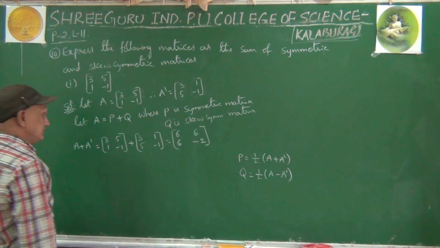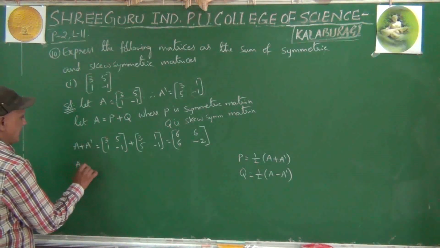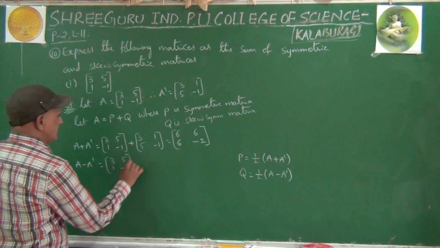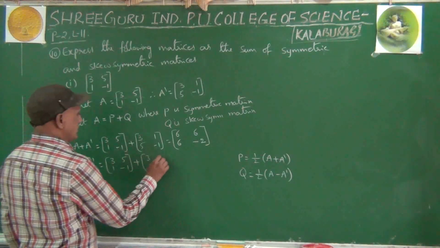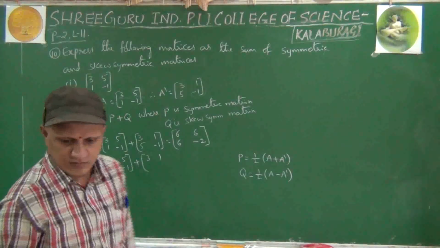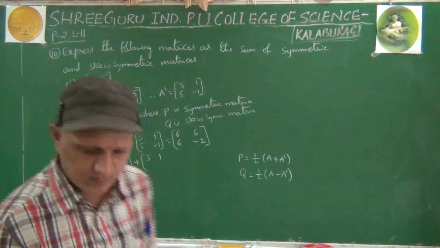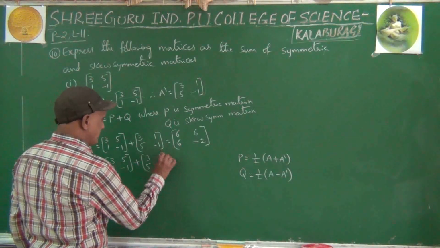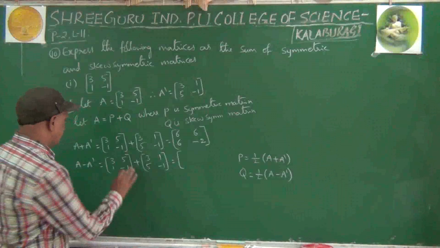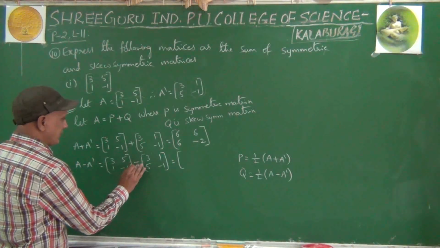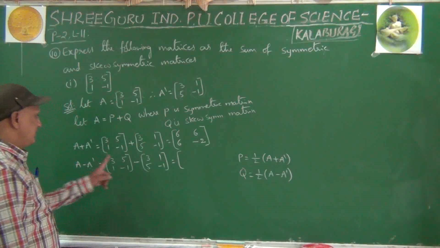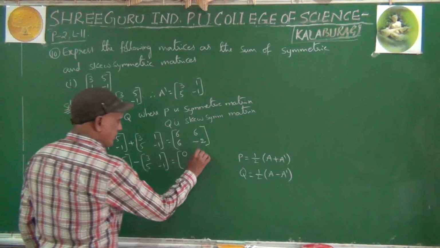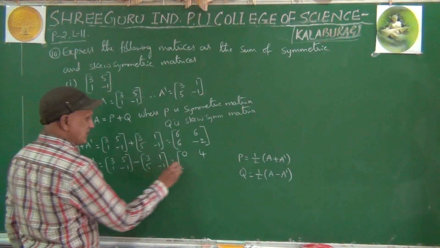Okay now, let us find out A minus A dash also. 3, 5, 1 minus 1 minus 3, 1, 5 minus 1 equals, subtraction, right? 3 minus 3, 0. 5 minus 1, 4. 1 minus 5, minus 4.